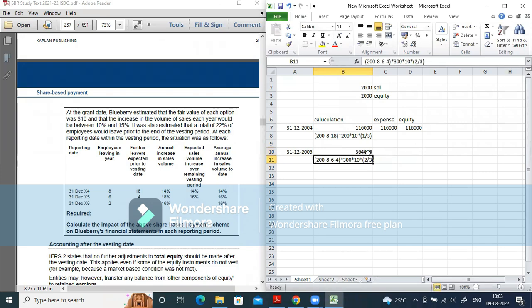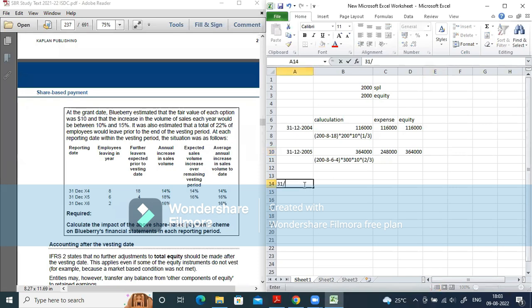In this 3,64,000, we already recognized 1,16,000. So the expense would be 3,64,000 minus 1,16,000. So we recognize 2,48,000 as expense and 3,64,000 as our equity. So this is for 31st December 2005.